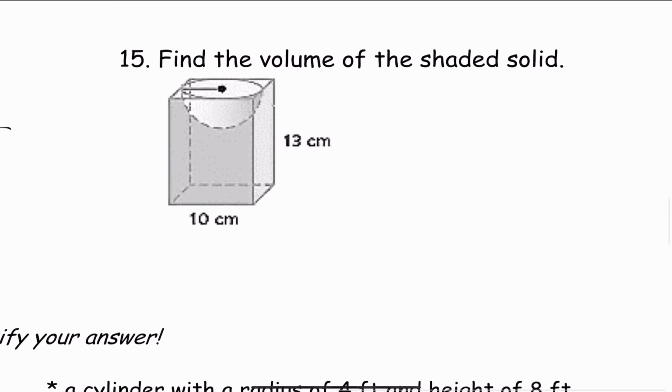Number 15, find the volume of the shaded solid. Okay, so what do we have here? We have this hemisphere here, and then let's see, what type of prism is this? This is going to be a rectangular prism, it looks like.